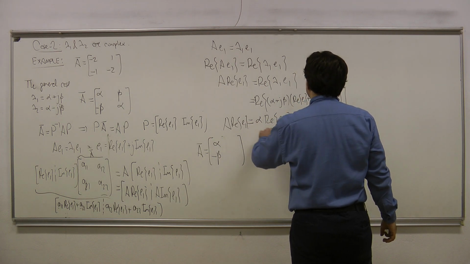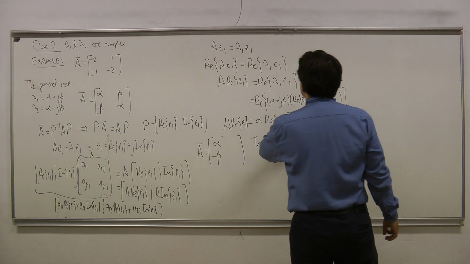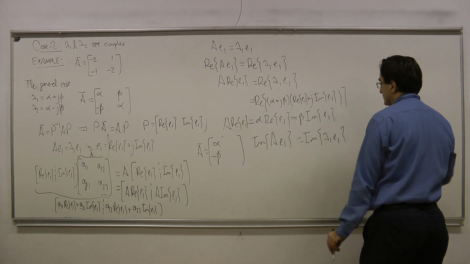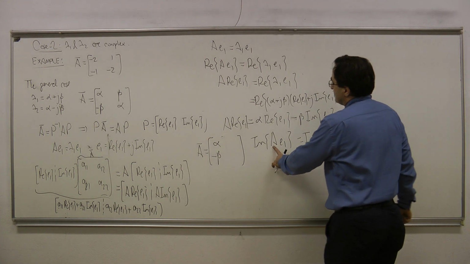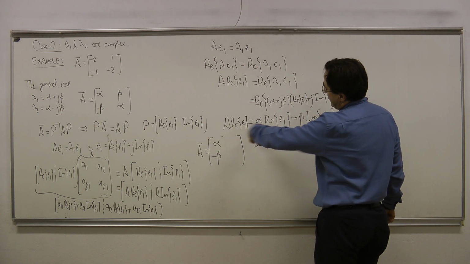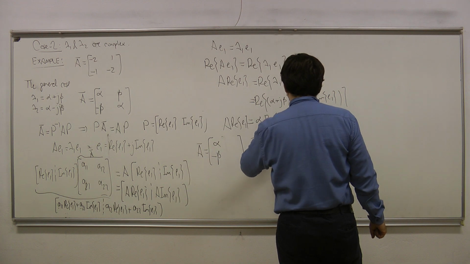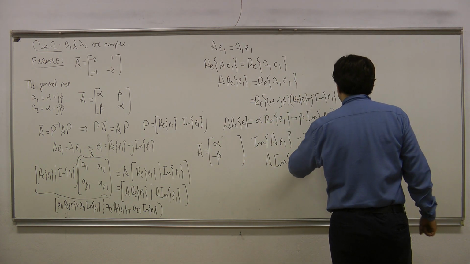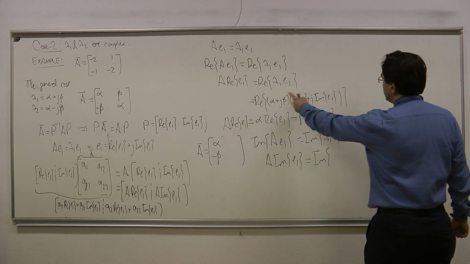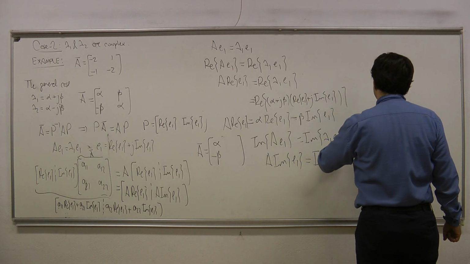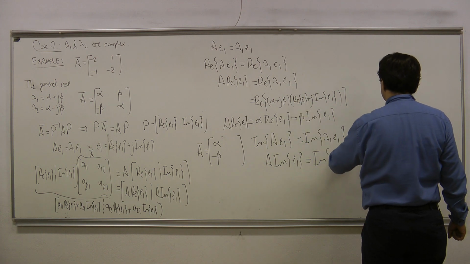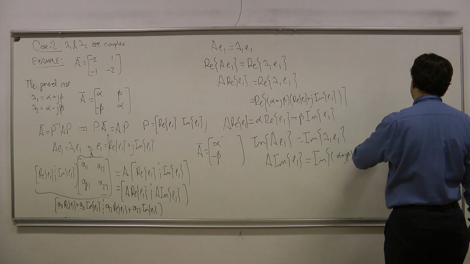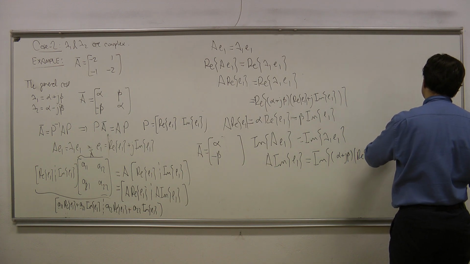A times E1, imaginary part, is equal to imaginary of lambda 1 E1. Okay? Now, this A, because it's real, it can be taken outside. A times imaginary E1 is equal to, this is going to be imaginary part of the eigenvalue alpha plus j beta times the eigenvector real E1 plus j imaginary E1.